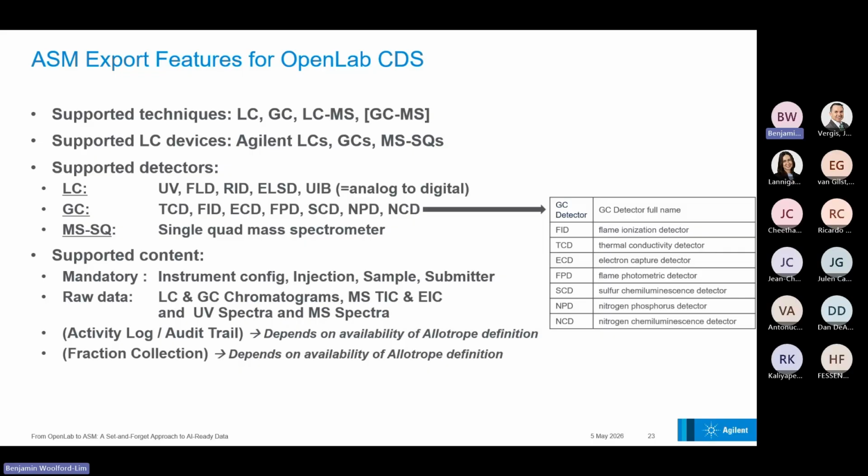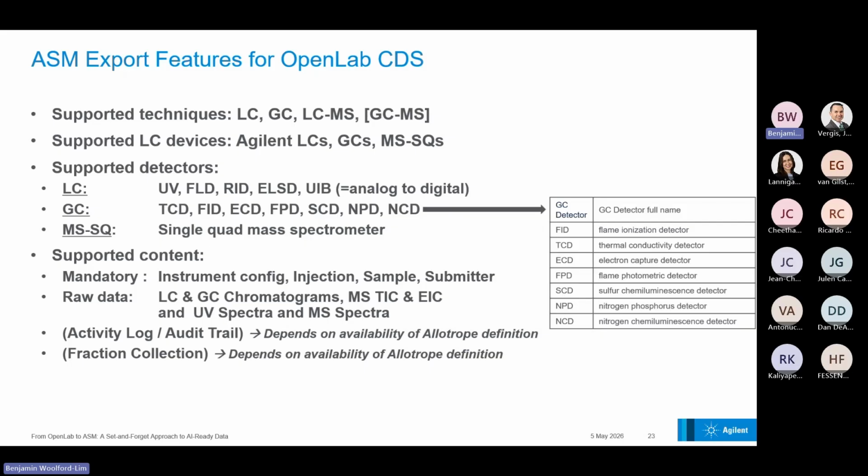The content we support is the one which is mandatory, so the instrument configuration, injection, sample, submitter, and the processed data. So from the raw data, we can put in the LC and GC chromatograms, MS TICs, EICs, which are stored from the OpenLab CDS, and UV spectra and mass spectrometry spectra.